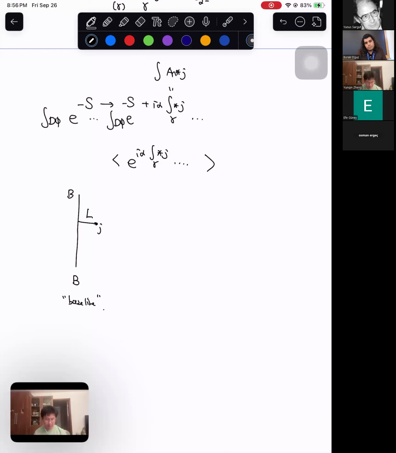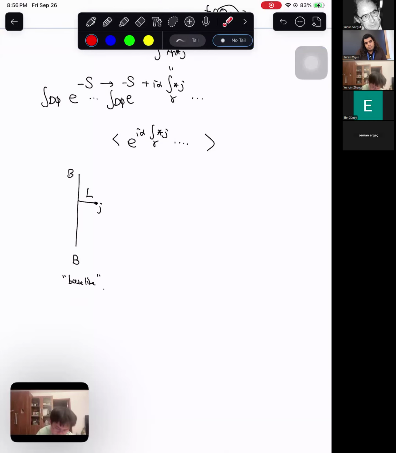The choice of B is such that there is a non-trivial topological junction between B and L. As long as there is a topological junction, you can consider such a configuration, and then you can form a loop of B, and integrate this J over this loop.